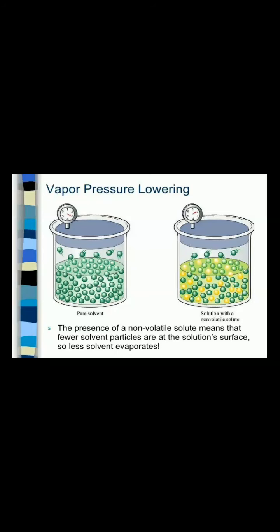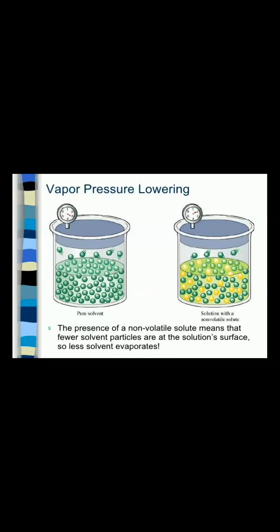In a volatile solvent, all the surface molecules exhibit high tendency for evaporation and exert high vapor pressure. The vapor pressure of pure solvent is denoted as P1 naught. Keep in mind P1 naught.